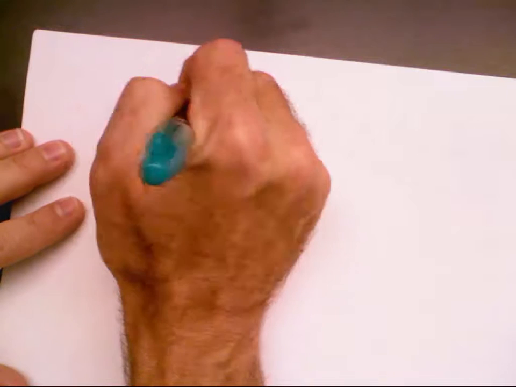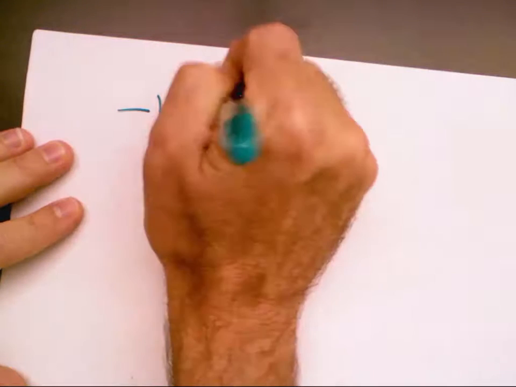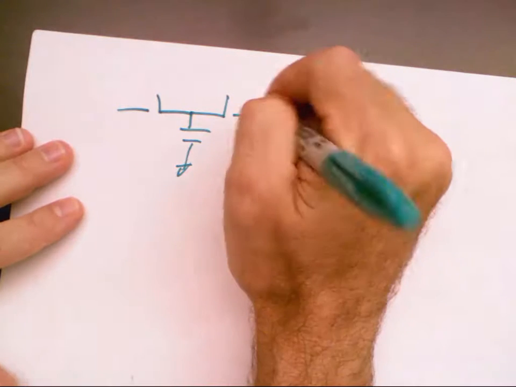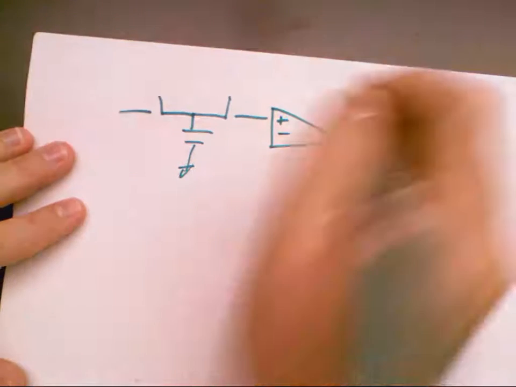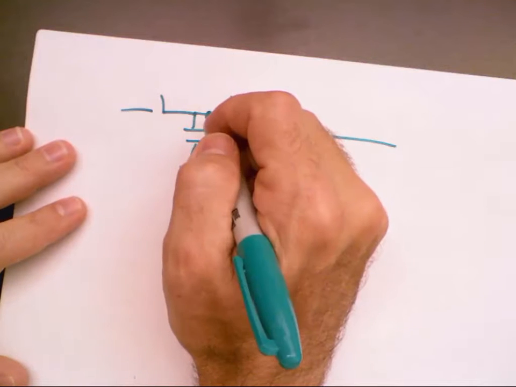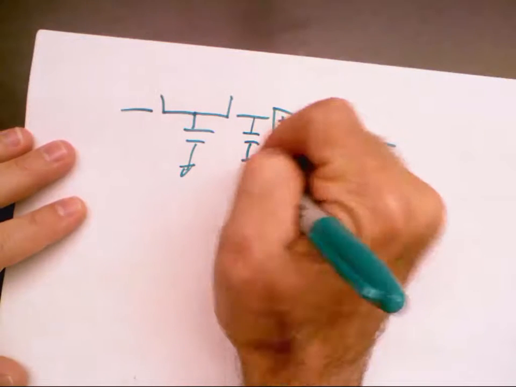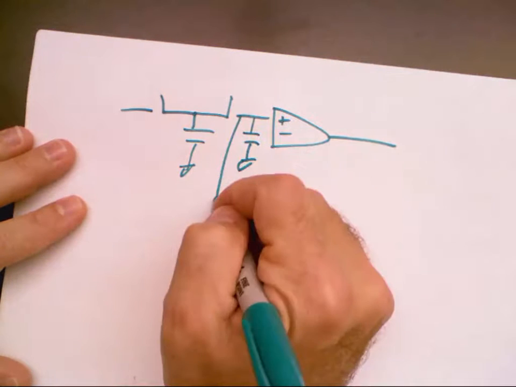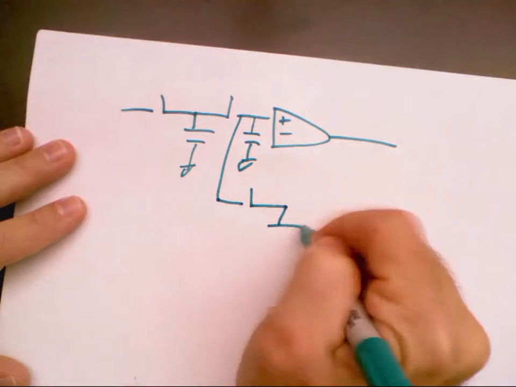and then look at the topology. And so just to be complete, here it is. The comparator. And we had another capacitor here. And then a switch here for our feedback resistor.